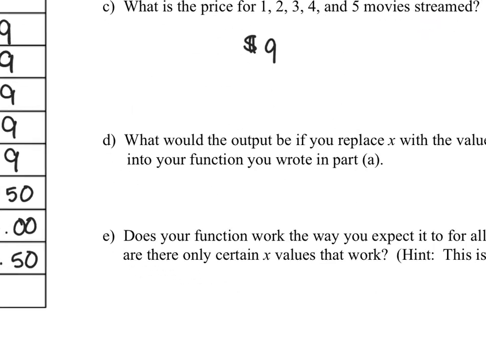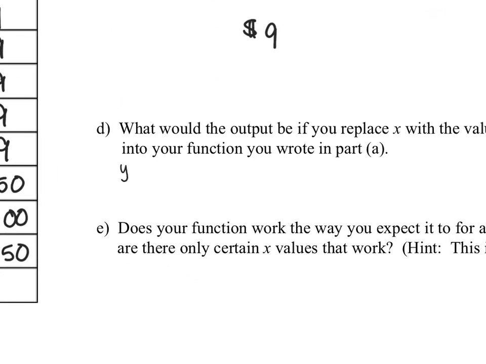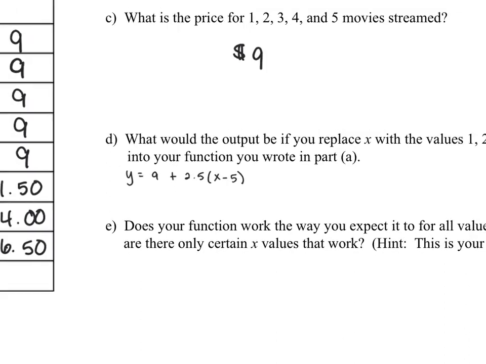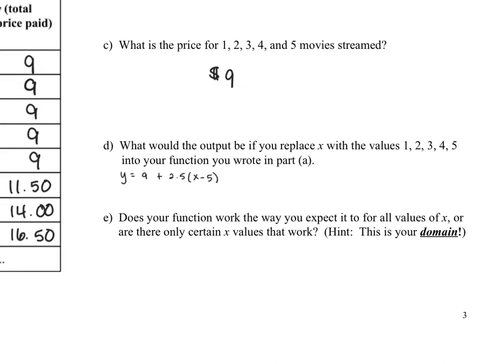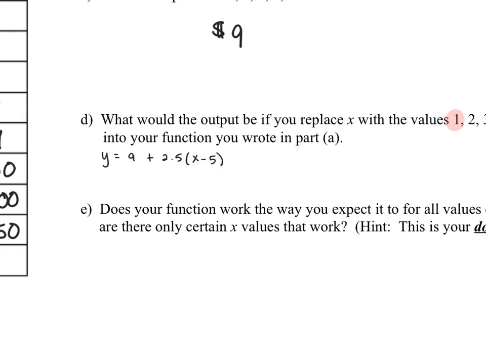So I'm going to rewrite my function here. y equals 9 plus 2.5. Remember, we have to do the total movies minus the first 5. And then let's just start with the number 1. So if I were to replace x with 1, I would do 9 plus 2.5 times 1 minus 5.